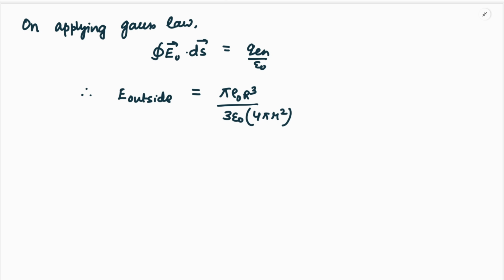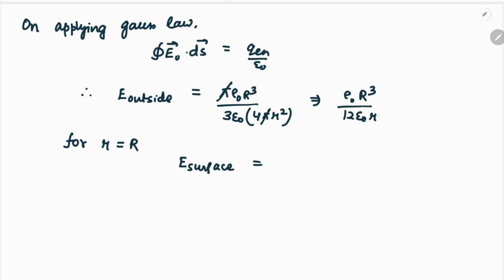Now if we substitute this value for the point on the sphere, that is, if I say for r equals R, so E on the surface of the sphere, we can write this term as rho naught R cube by 12 epsilon naught r square.